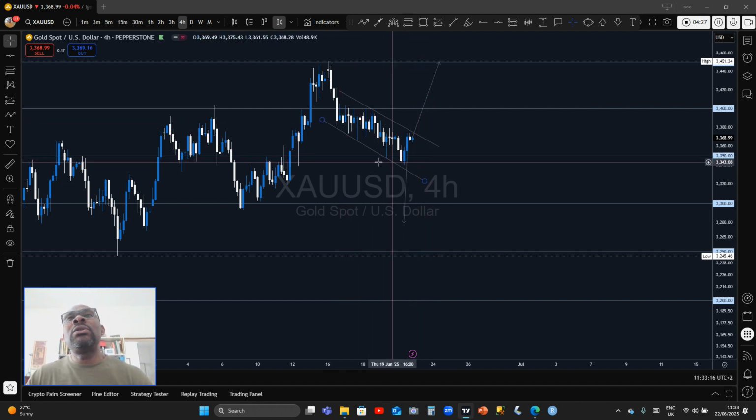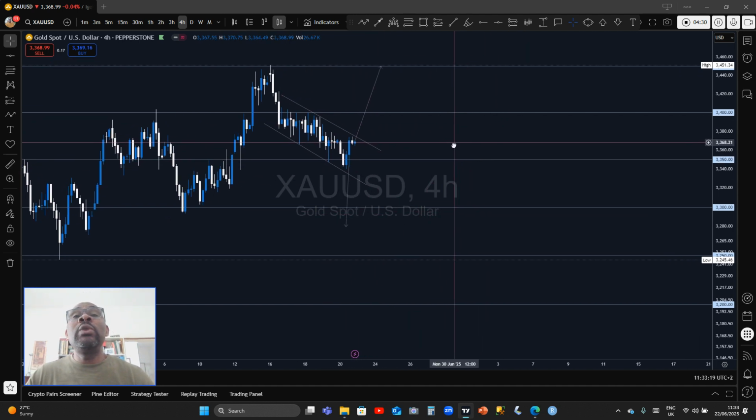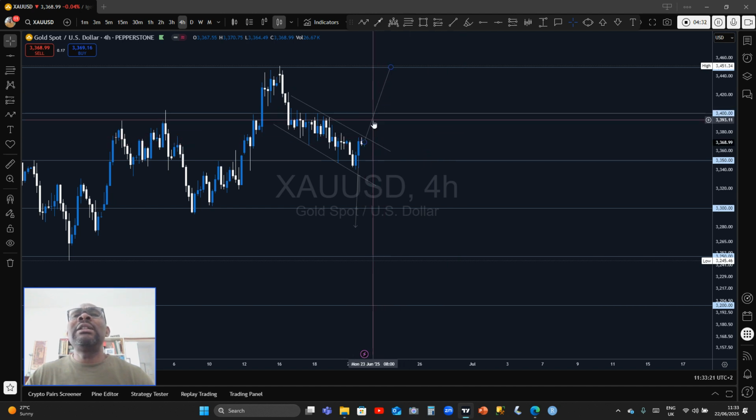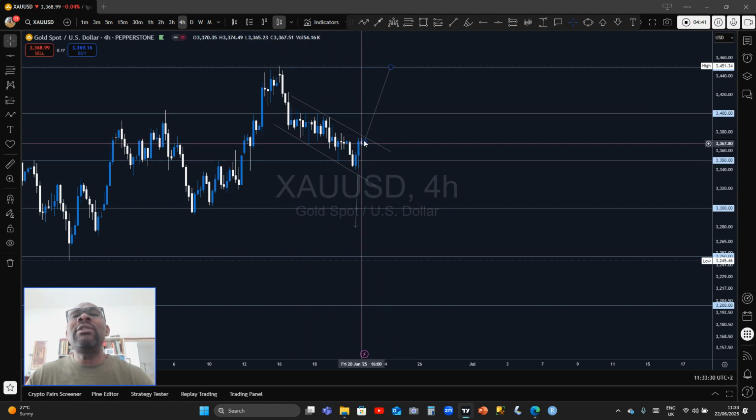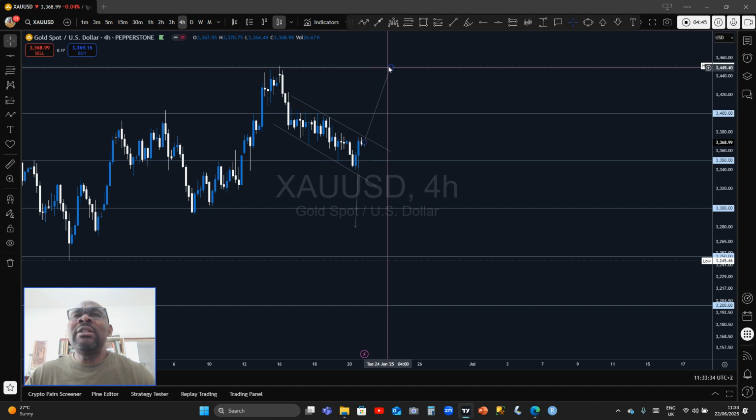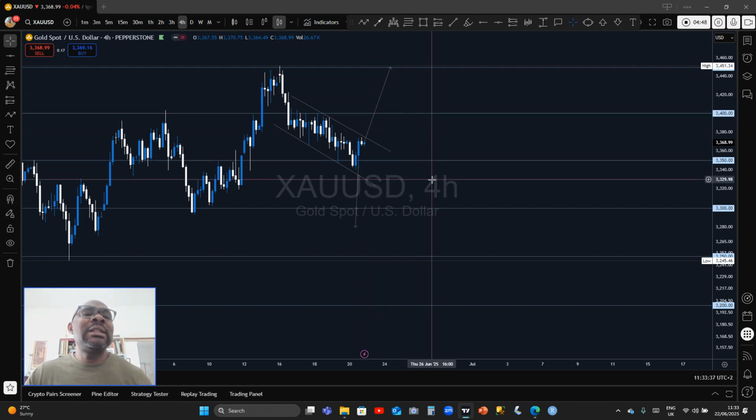So right now, what should we be expecting? If you look at this arrow, we're expecting price to break out from this channel. Once price breaks out from this channel, please be patient and wait to know if the new price has been accepted by sellers.